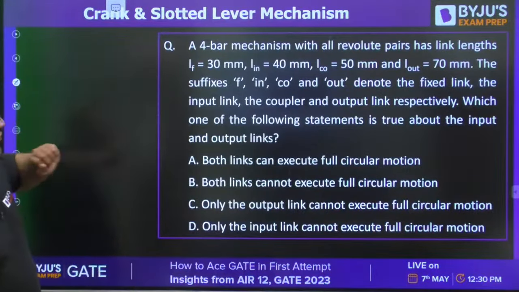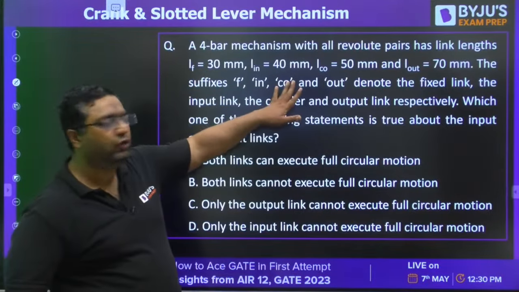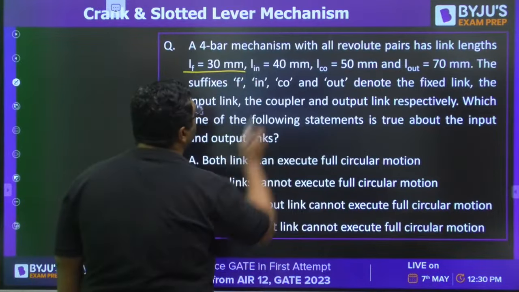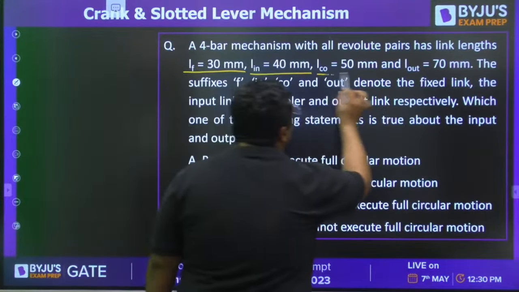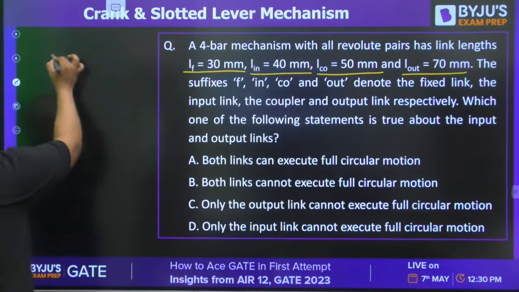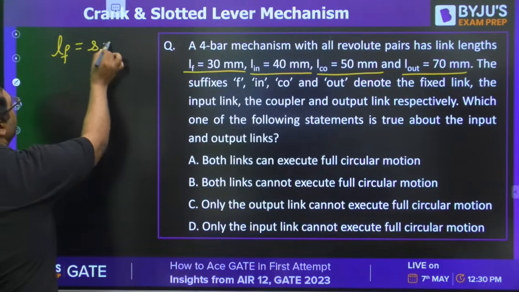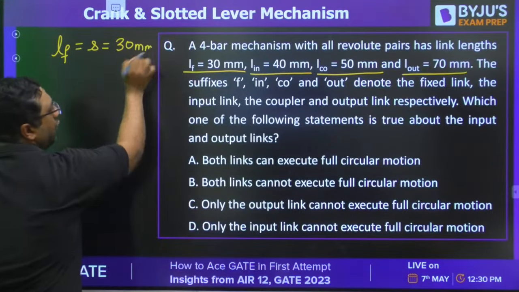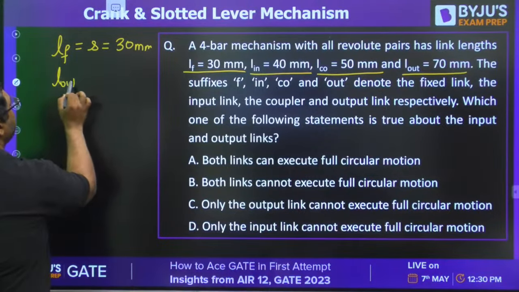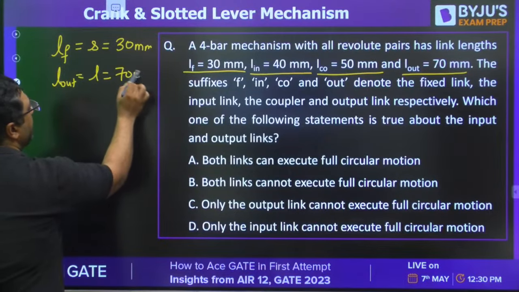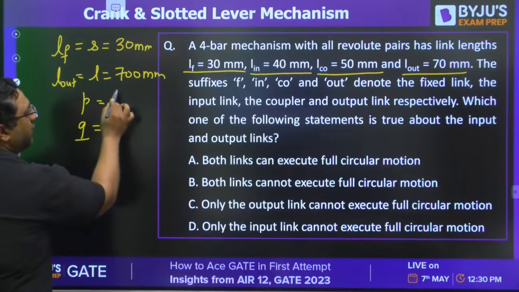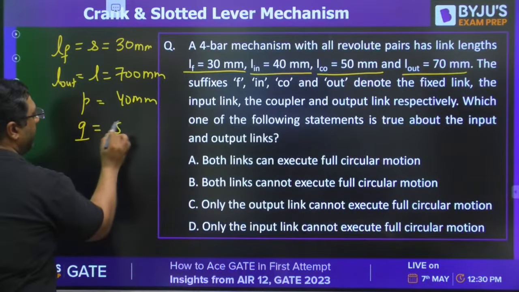So now we are moving to the very first question. A 4-bar mechanism with all revolute pairs and link lengths. They are saying fixed link is 30 mm, input is 40 mm, coupler is 50 mm, output is 70 mm. By looking at that, you can say the fixed link is the shortest one, 30 mm, and the output link is the longest one, 70 mm. The other two links, P and Q, are 40 mm and 50 mm.